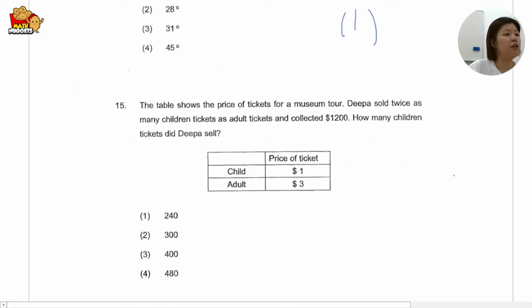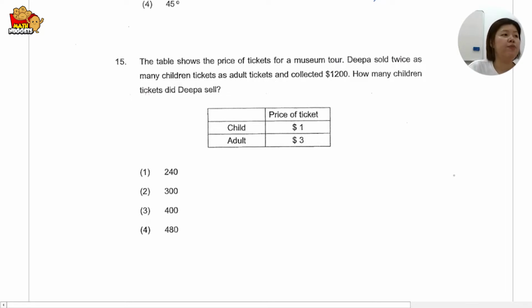Okay, let's move on. It's a museum tour with price of the ticket given. So Deepal sold twice as many children tickets as adult tickets and collected $1,200. So he's asking how many children tickets did Deepal sell. So since there are twice as many children tickets as adult, my child ticket is 2 units and my adult ticket is 1 unit.